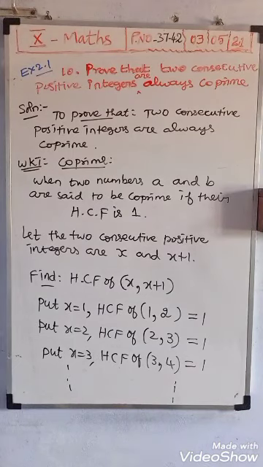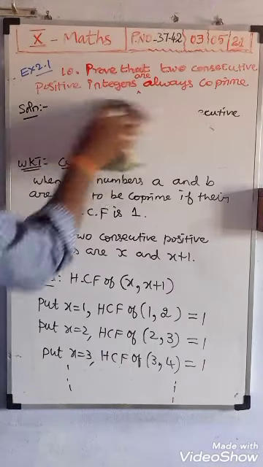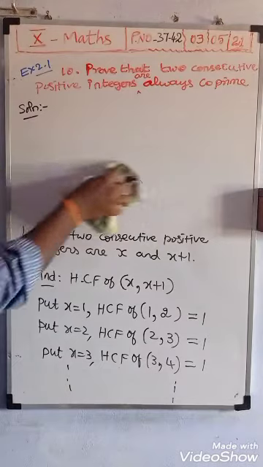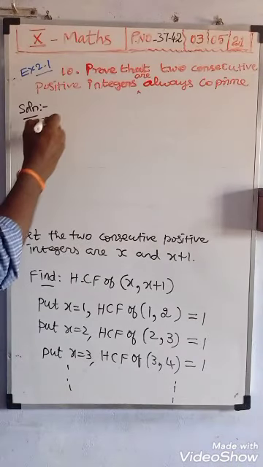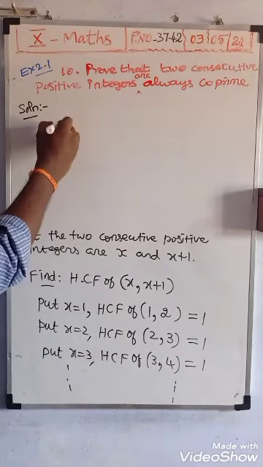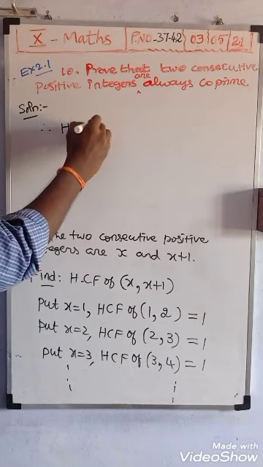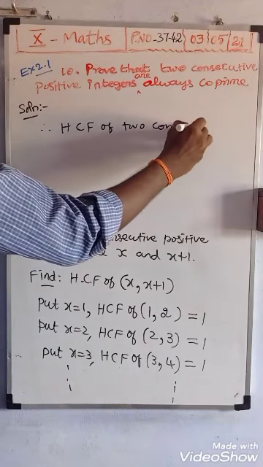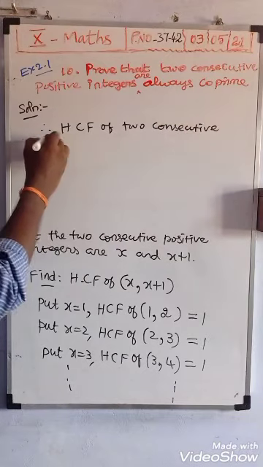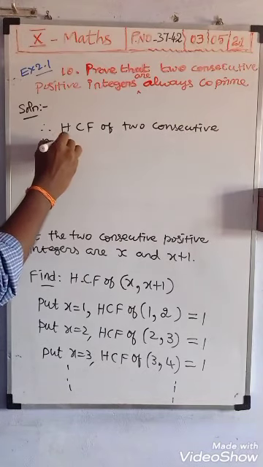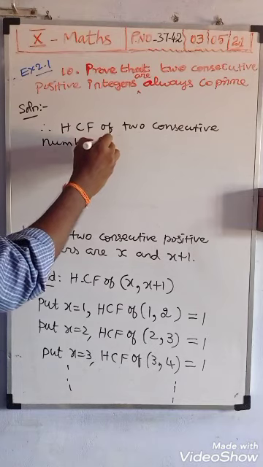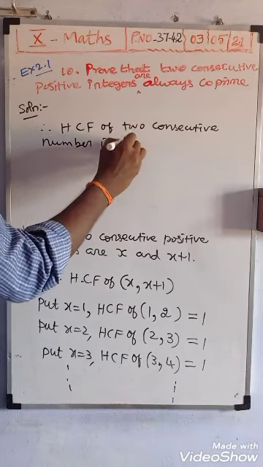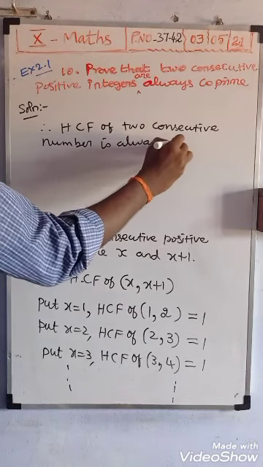Okay, therefore from that result what we received, the HCF of two consecutive numbers is always 1.